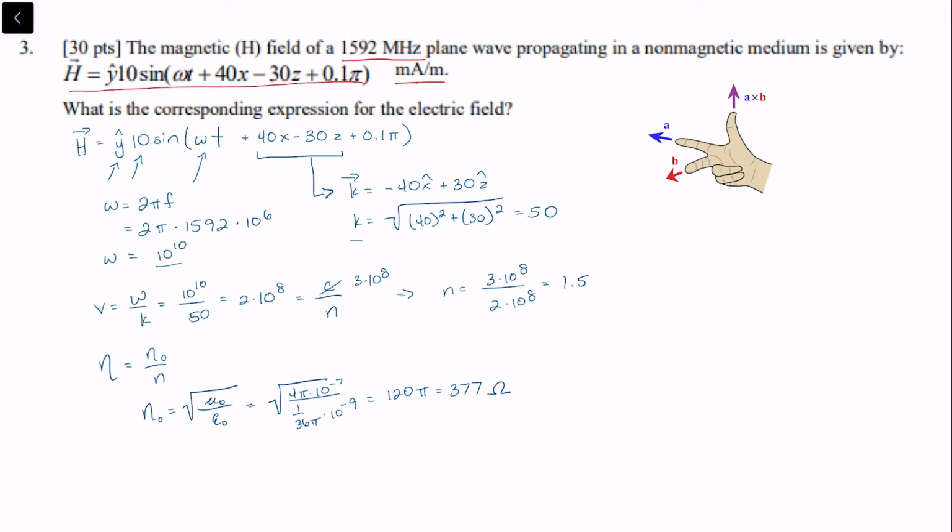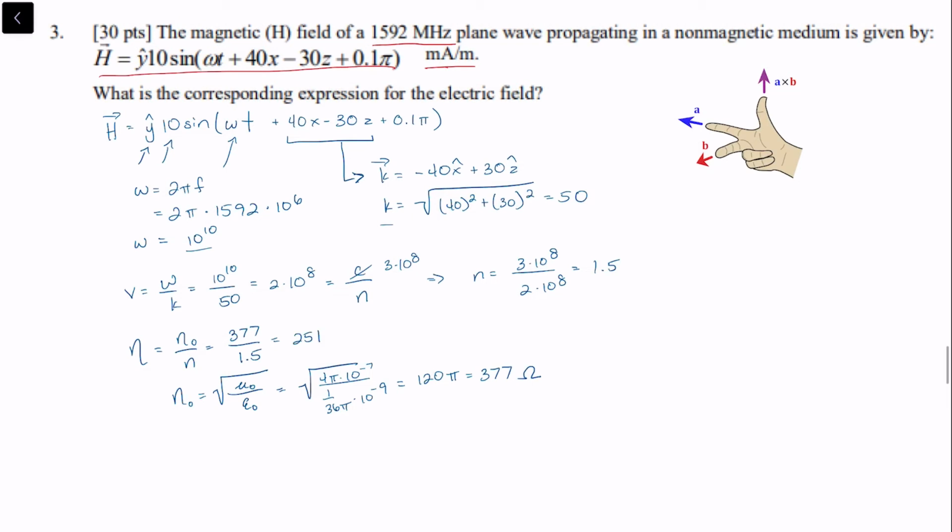Now we can solve for our eta. Eta naught is always a constant 377 ohms. 377 over the refractive index that we just found earlier using the velocity. That's 1.5. This equals 251.